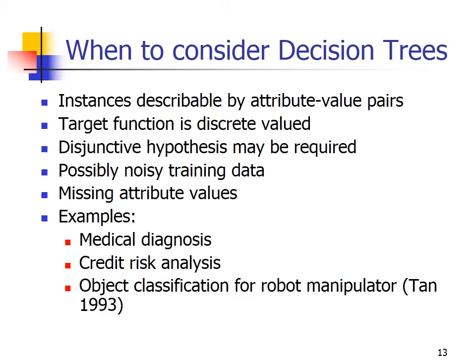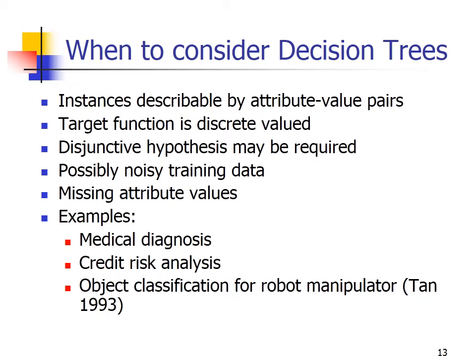Typically, decision trees are used when target function is discrete valued. However, they can be used for real valued also, but it's rarely used. Typically, they are used when it is discrete valued. Disjunctive hypothesis may be required.